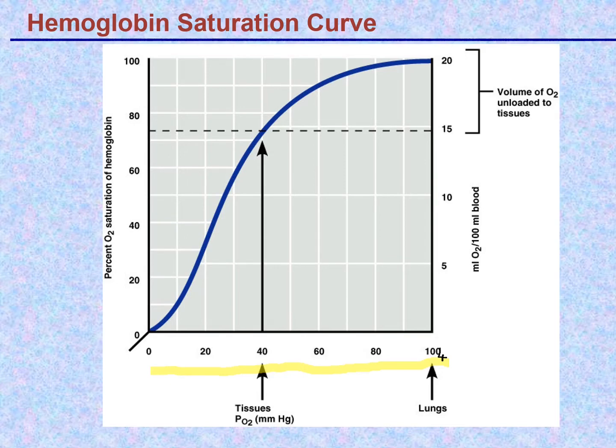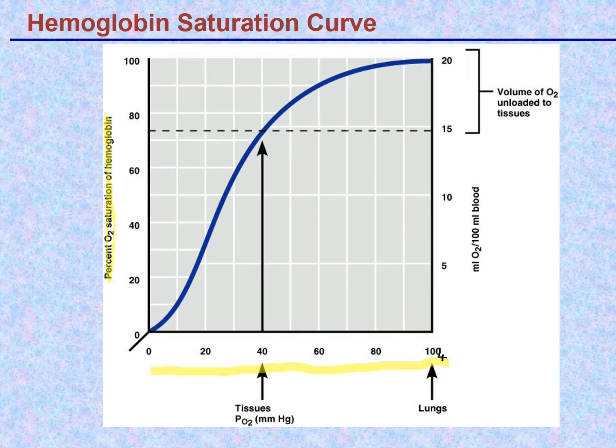The other thing is the vertical axis, which is the percentage of O2 saturation of the hemoglobin. So what percent of the hemoglobin is saturated with oxygen?